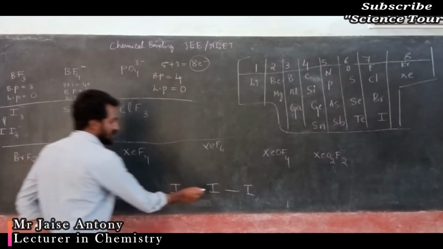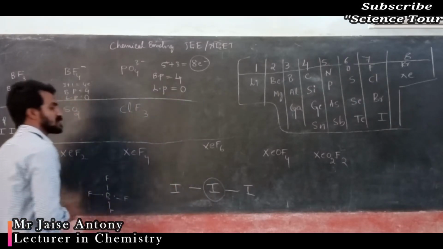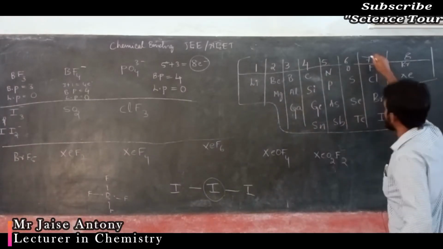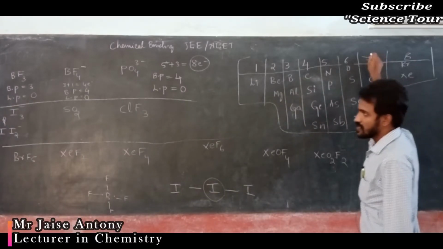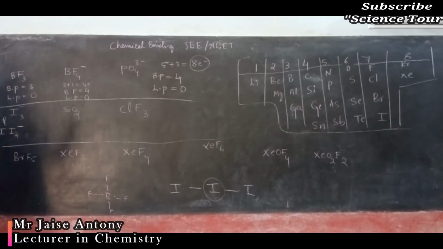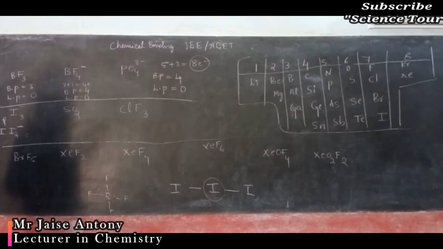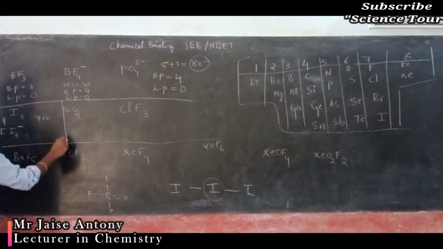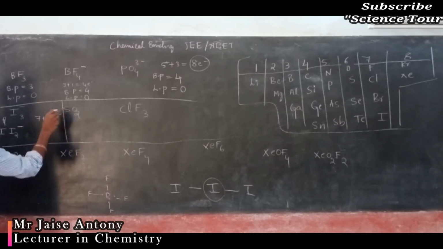So you find the central atom valence electrons. Iodine's valence electrons are 7. Since there is a negative charge, 1 extra electron is there that you have to add. So 7 plus 1, total 8 electrons.